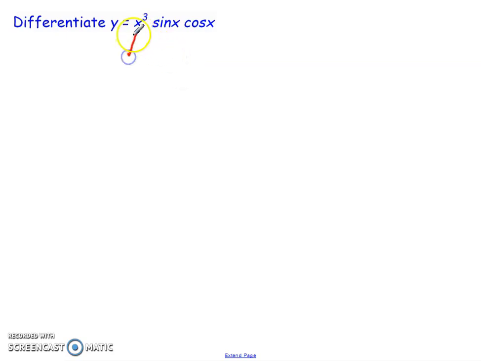I'm going to name my functions, so I'm going to call x cubed my f of x, I'm going to call sin x g of x, and I'm going to call cos x, let's name that, h of x. So if I find the derivative of each of these, my f dashed of x is going to equal 3x squared.